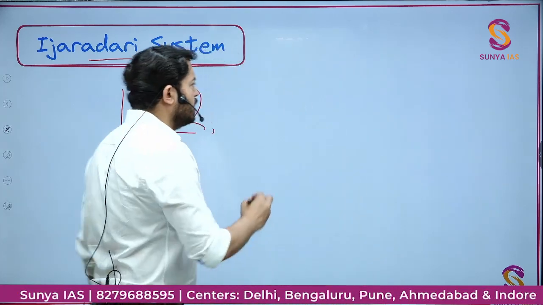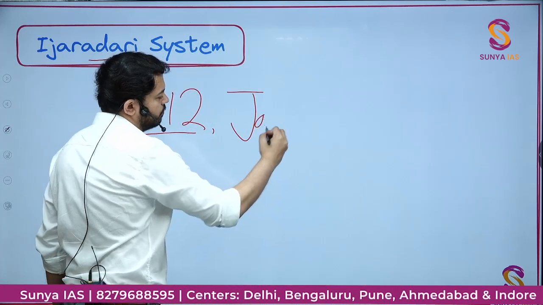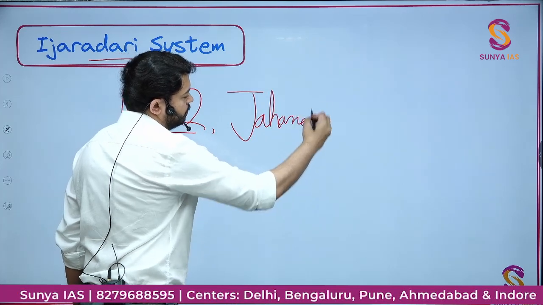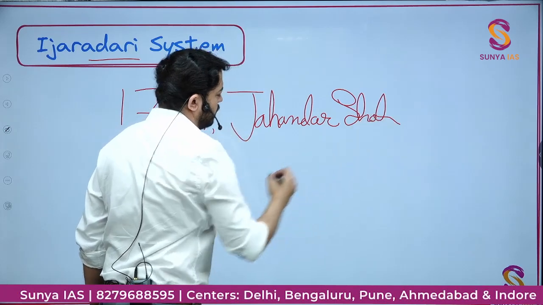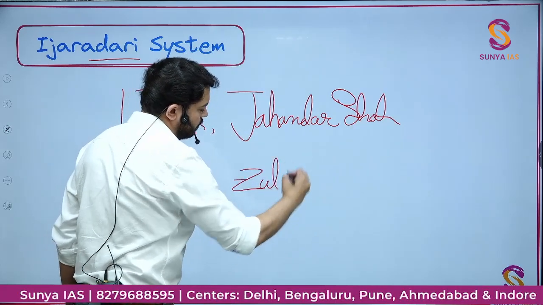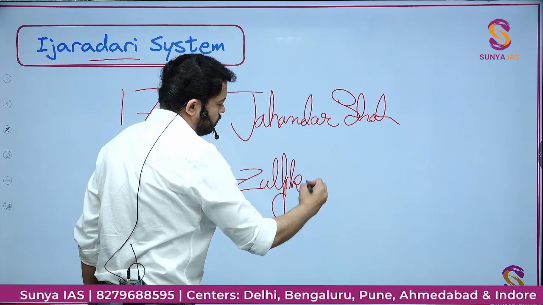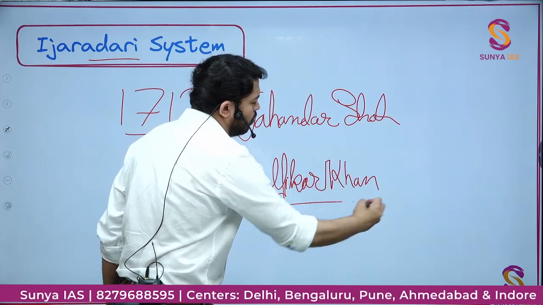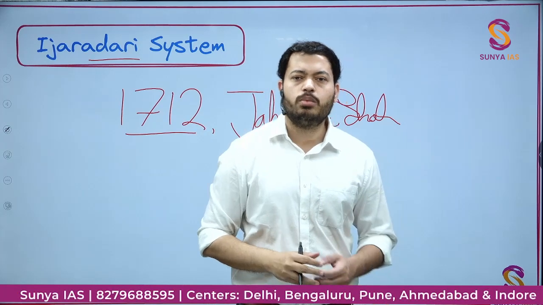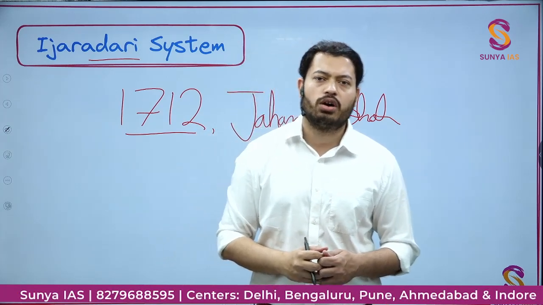Then Jahandar Shah's Prime Minister, Zulfikar Khan, saw that the Mughal exchequer had no money left. There was no money left in the Mughal coffers.